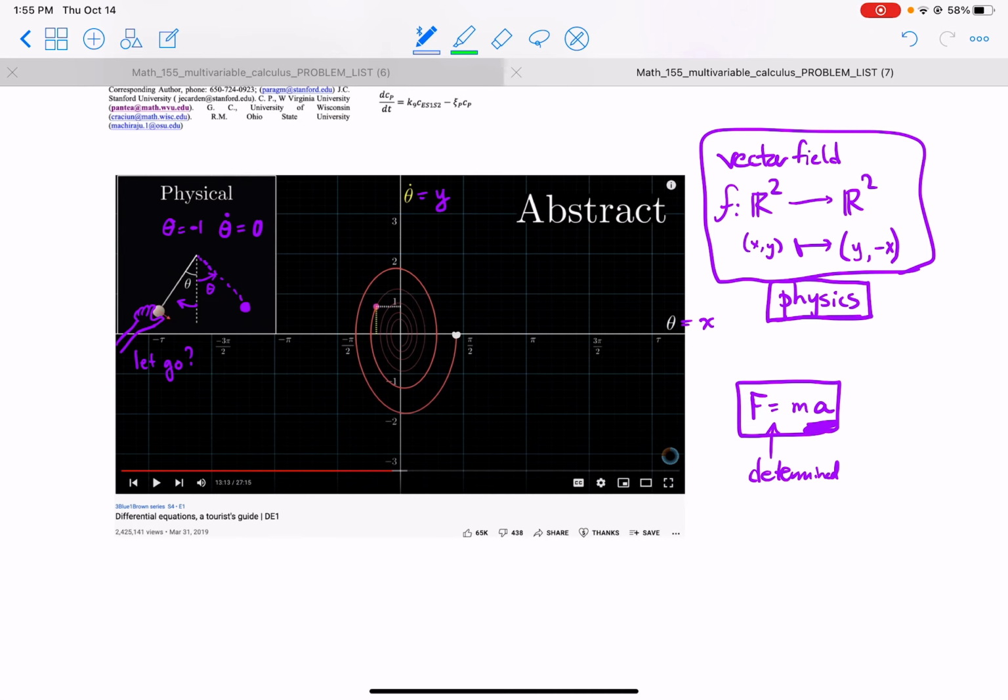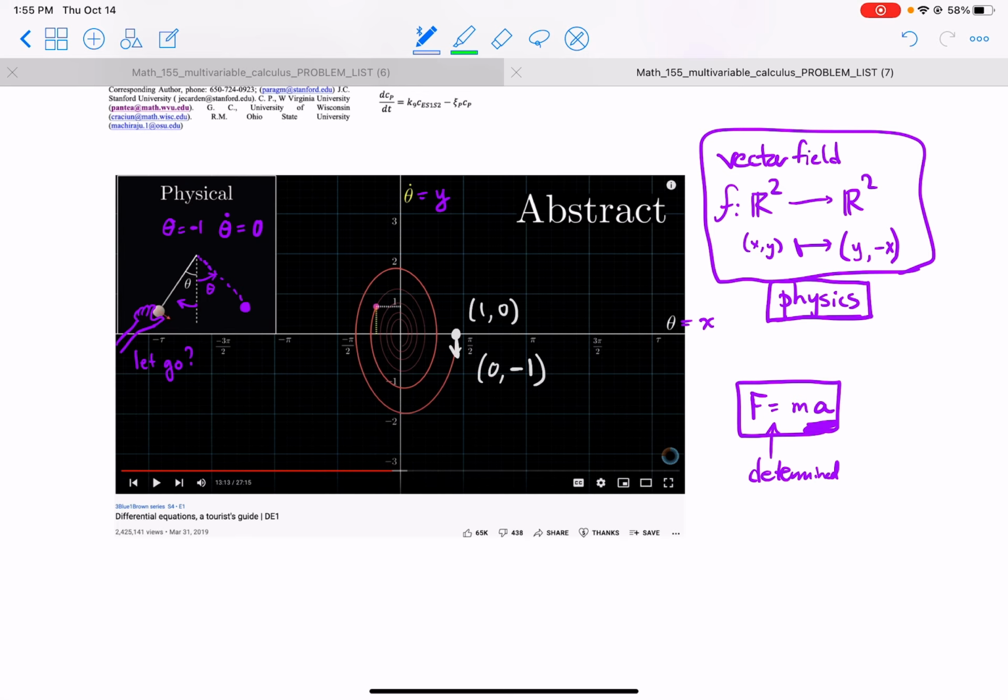Now, what that means is that once we have this vector field, and if we know that we're starting at this point right here, then the vector field will tell us move down. Why? How do I know that? Because this is the point, well, I don't know what point this is. Pi over 2. I don't know what this point is, but let's say it's (1, 0). Then the vector field is going to be, well, flip them, and then put a minus sign on the second one: (0, minus 1).